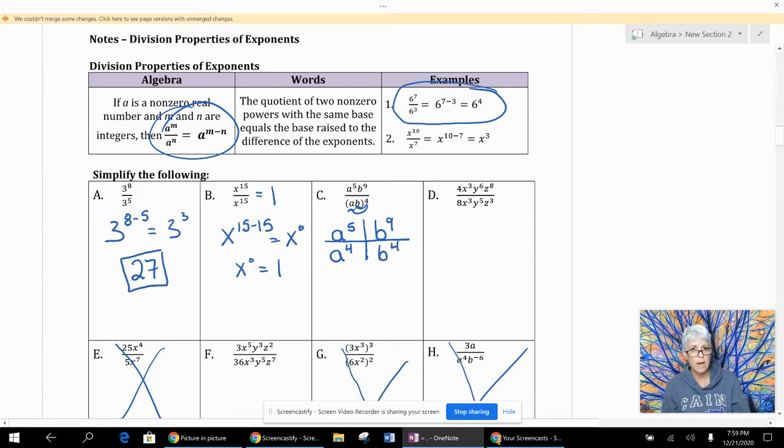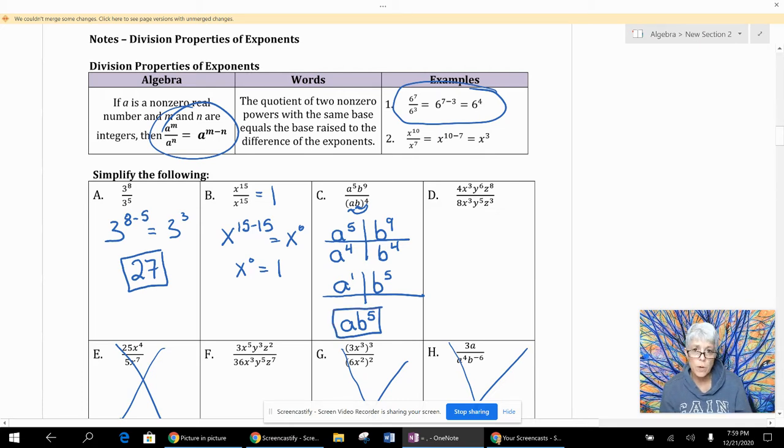All right, I have like terms sitting on top of each other. Now I'm going to divide. So 5 minus 4 is 1, so that's a to the power of 1. 9 minus 4 is 5, so that's b to the power of 5. I don't really need the number 1 on the a, so I'm going to take it off. a, b to the power of 5. Bam, there we go. Let's look at the next one.